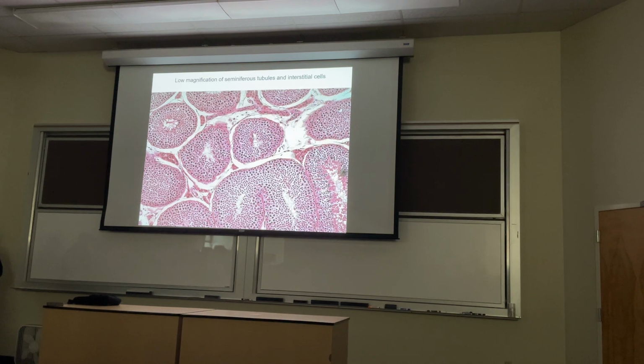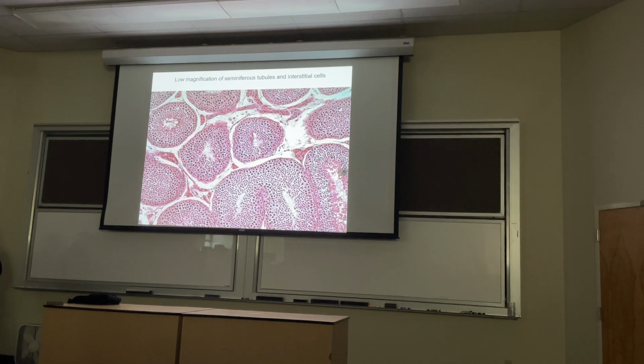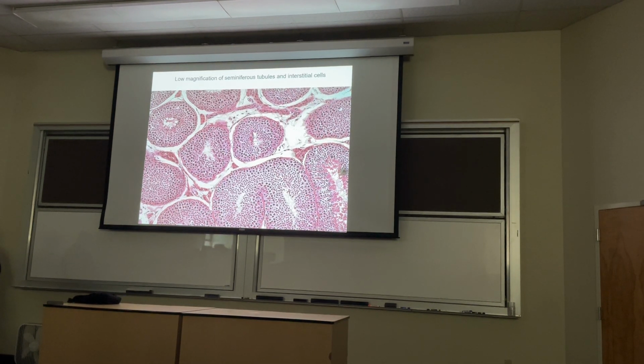In addition, these cells outside of the seminiferous tubules, such as here that we're tracing, and here, and here, and here, and here, these are the interstitial cells of Leydig. They tend to have a fairly eosinophilic cytoplasm with a fairly darkly, intensely stained nucleus.